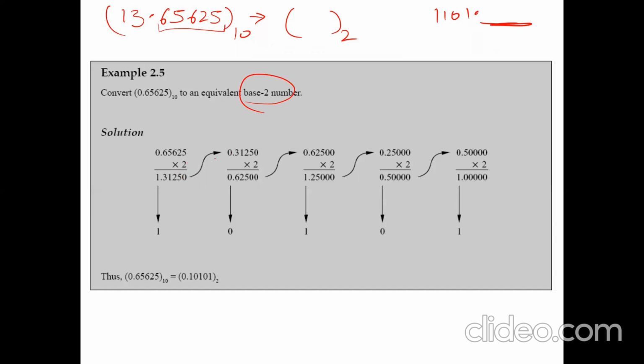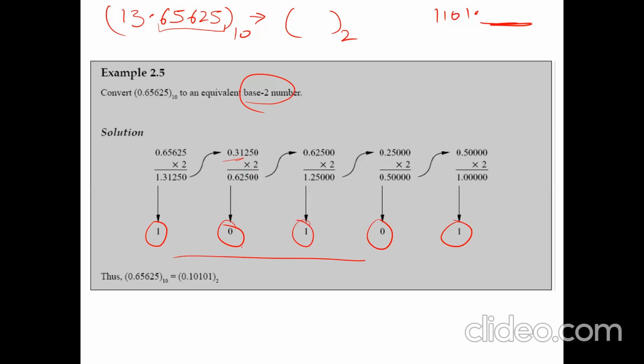We will also see another example. 0.65625 into 2 will give us 1.3125. Whatever is there on the left hand side of the radix point, just save it and convert it into 0 like this. Again multiply it by 2. Whatever is on the left, save it, again multiply it by 2, and so on.